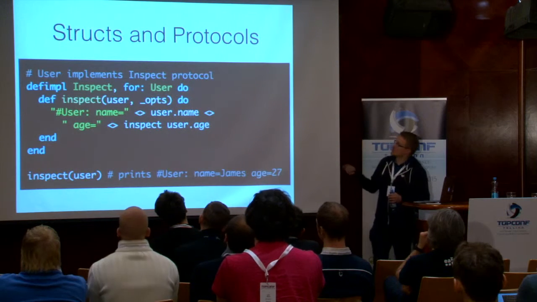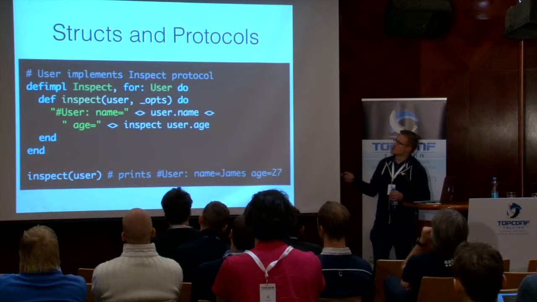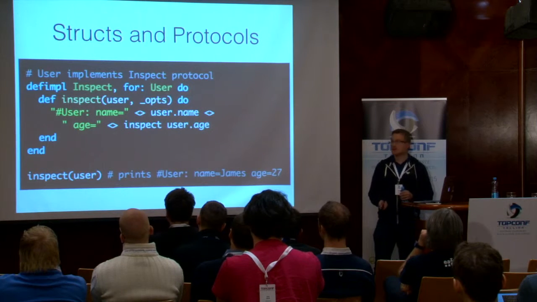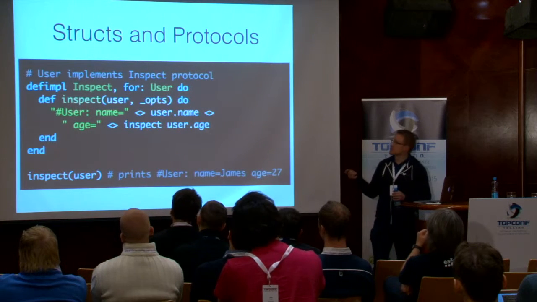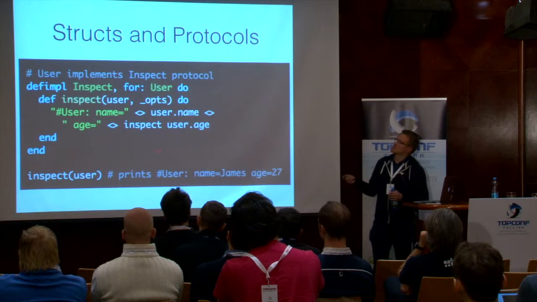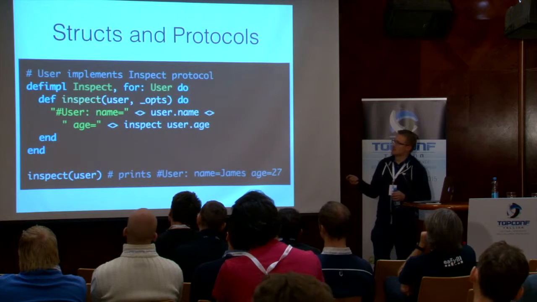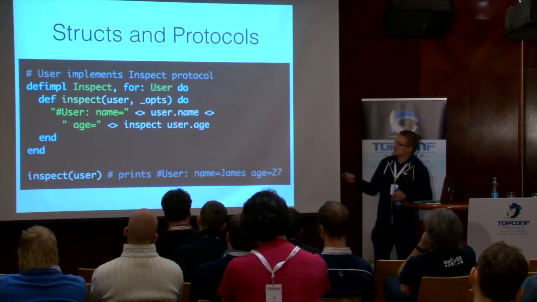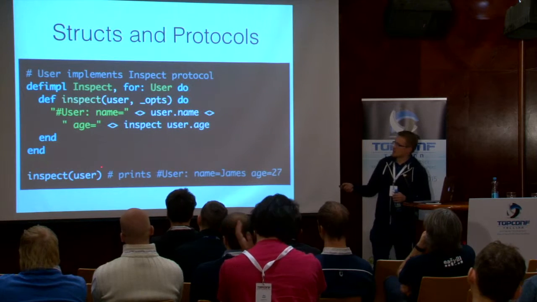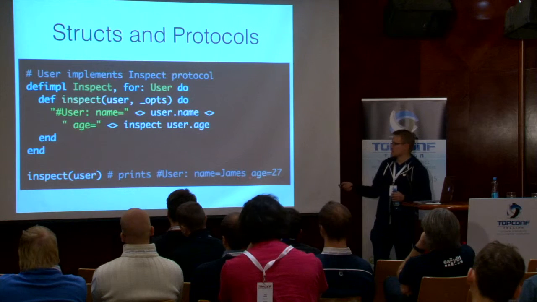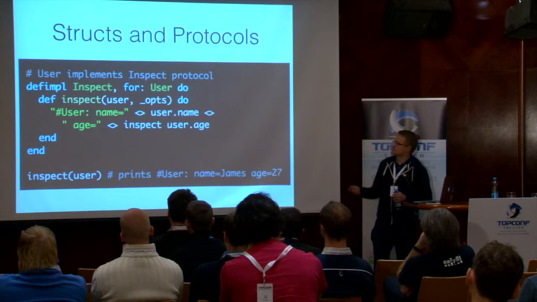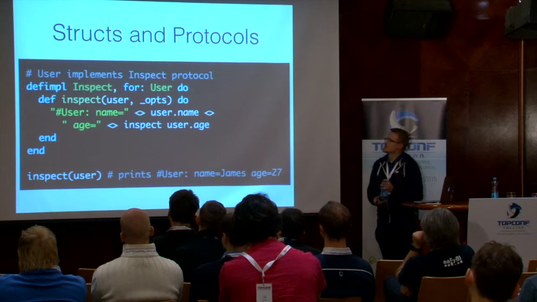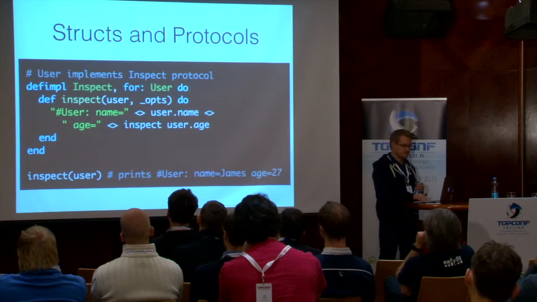Now structs work with protocols. So if I wanted to implement this Inspect protocol for the user, all I would need to do is define the implementation for the protocol, and this will print out this here when I call inspect. So this is a really handy way of doing polymorphism.